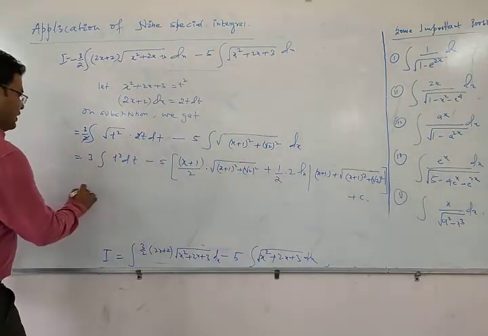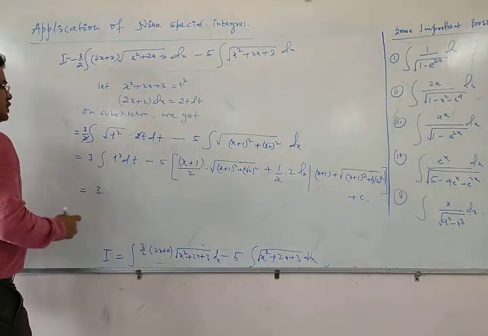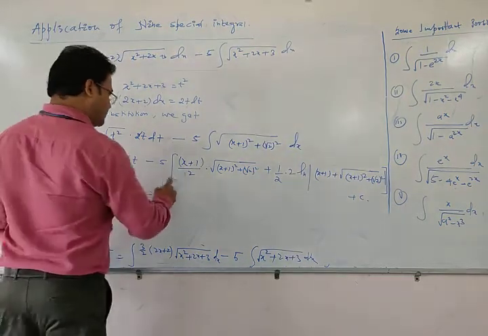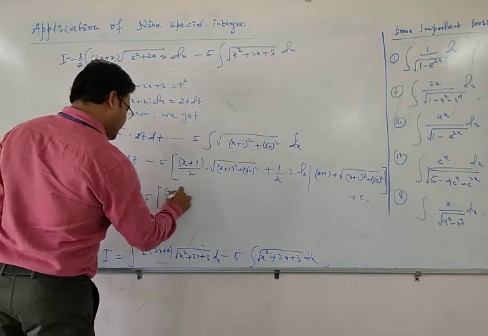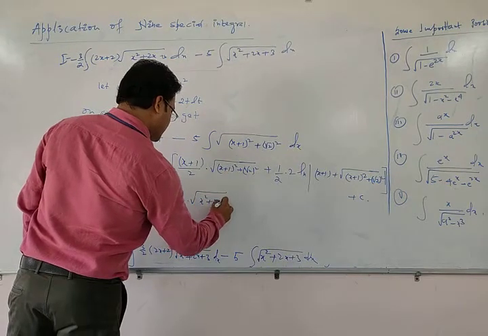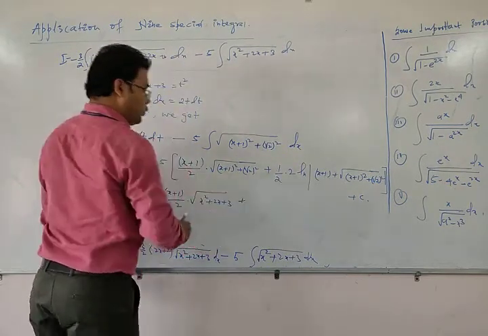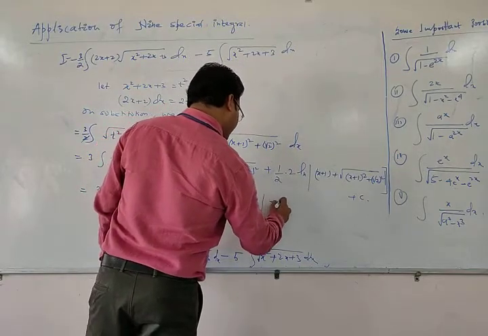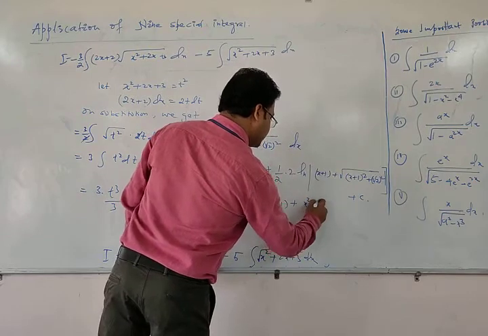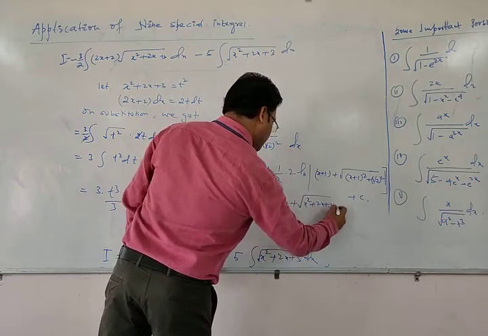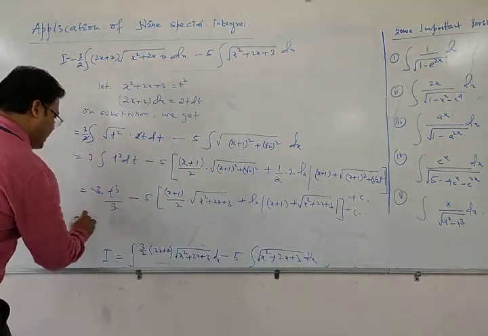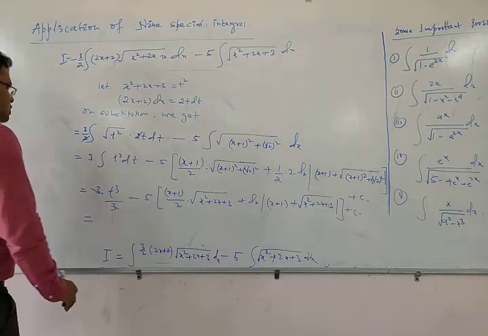On simplifying this we will get 3, the integration of t square is t cube by 3, minus 5, here x plus 1 divided by 2. In place of this you can write x square plus 2x plus 3, 2 and 2 cancel out, so it becomes ln mod x plus 1 plus square root of x square plus 2x plus 3, modulus close, big bracket close, plus constant. 3 and 3 cancel out, and lastly put the value of t.